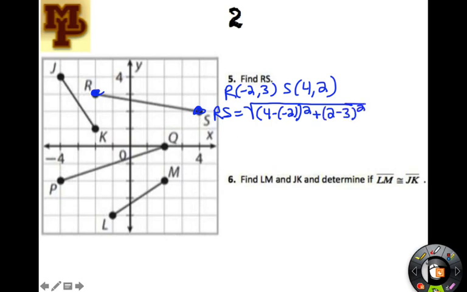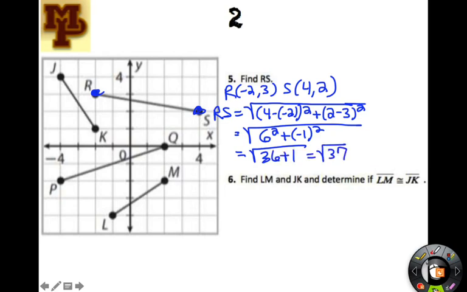Then we just work that out: 4 minus a -2 is actually 6 squared plus 2 minus 3 is -1 squared, and so that's going to be 36 plus 1, which is the square root of 37. So that would be the length.